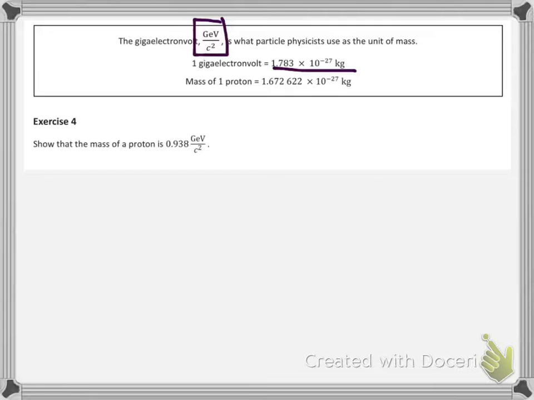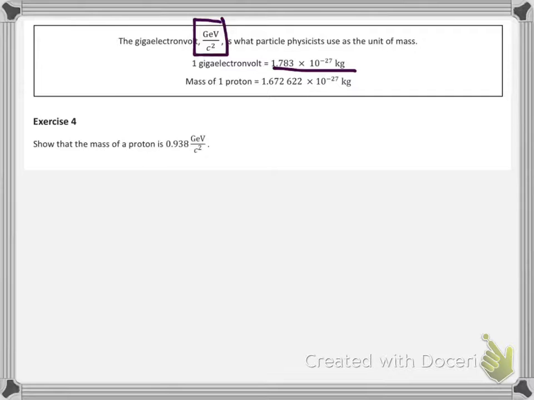So that size is now known as a giga electron volt. And so we're going to show that the mass of the proton is 0.938 giga electron volts.